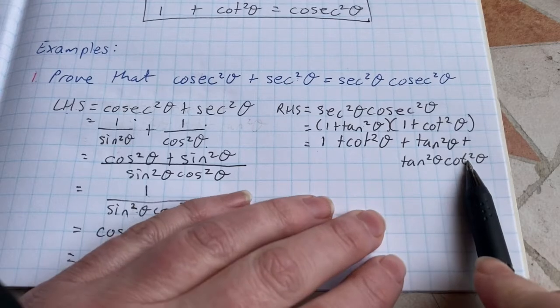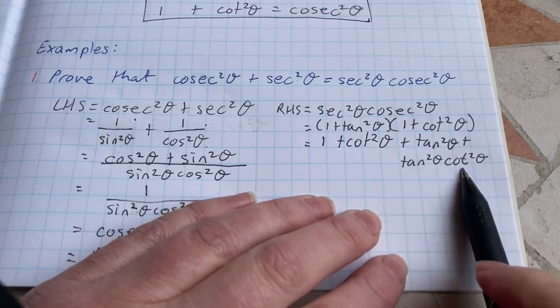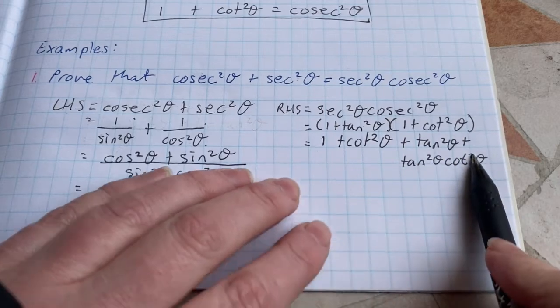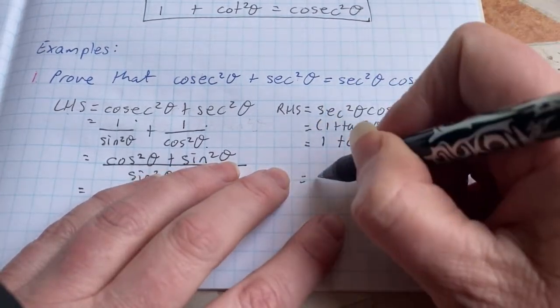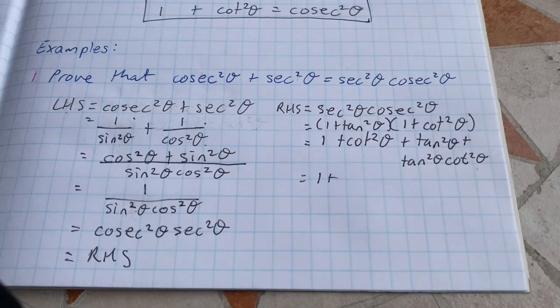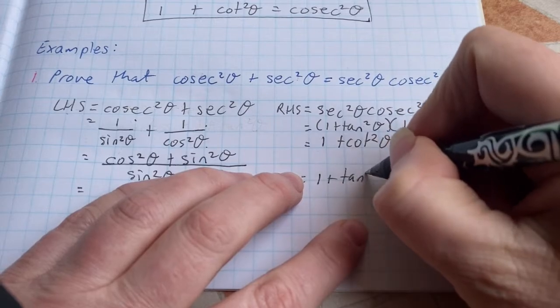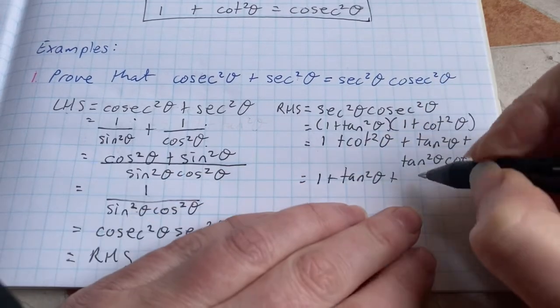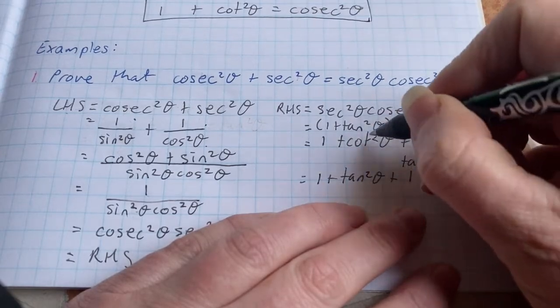Now remember, cot is the same as 1 over tan, so this whole thing here actually just equals 1. So that's the same as 1 plus, I'm going to put the tan squared next, plus this next, that's 1, plus the cot squared.